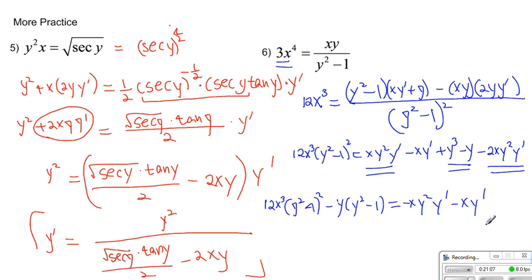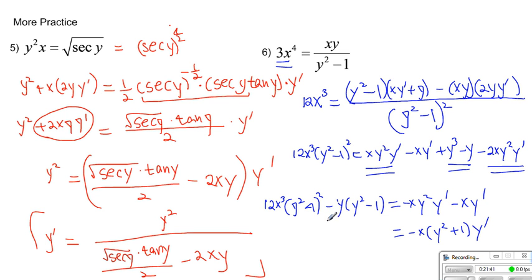Now, another thing we get to realize is that xy prime is common in both terms, and we can factor out y prime by itself, then we will end up getting negative x times y squared plus 1, you see in this case they have the same sign, times y prime.